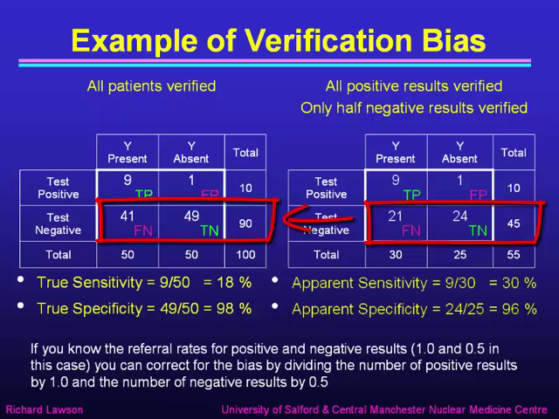It puts it back to what it is in the true table on the left. So in that way, if you know the actual referral rates for positive and negative results, you can correct for this verification bias, but you have to realize that it might happen.